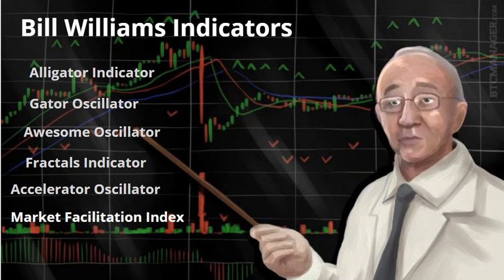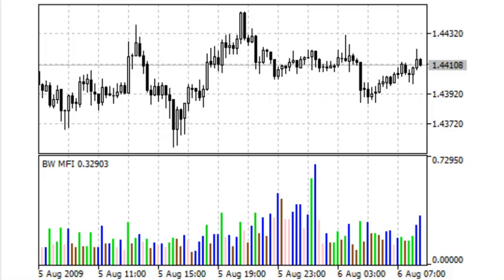The bars of the histogram are colored according to whether the MFI is increasing or decreasing in combination with whether the tick volume is increasing or decreasing. Both the MFI and volume increasing is perhaps the most important combination, indicating a likelihood of trend continuation. Williams suggests using the MFI indicator in combination with the Fractals indicator.